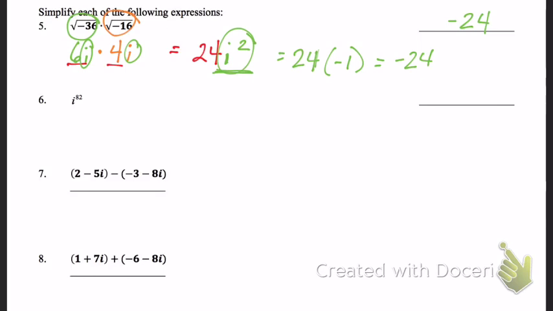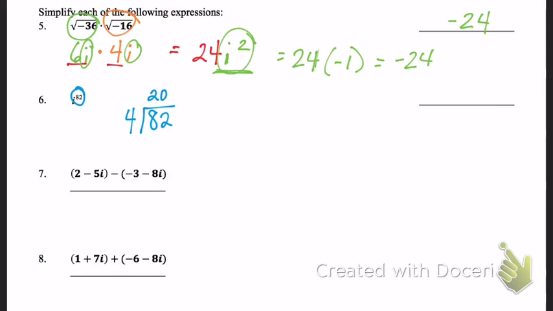Okay, the next example is kind of what I was talking about when you have multiples of 4. Anytime you have i to some really high power, you take that exponent and divide it by 4. So 82 divided by 4. How many times does 4 go into 82? 20 times.